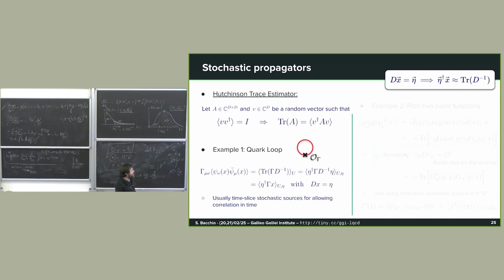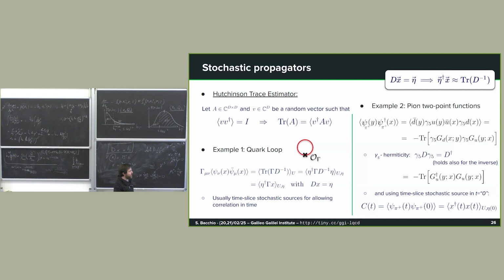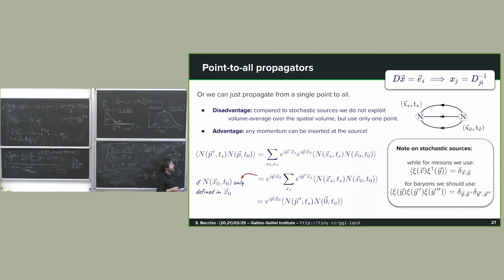So for the sake of time, I will skip these. It's how we compute traces, that is disconnected quark loops, or how we compute pion two-point functions, but I explained it a bit now, so I think it's fine, unless you have any question.